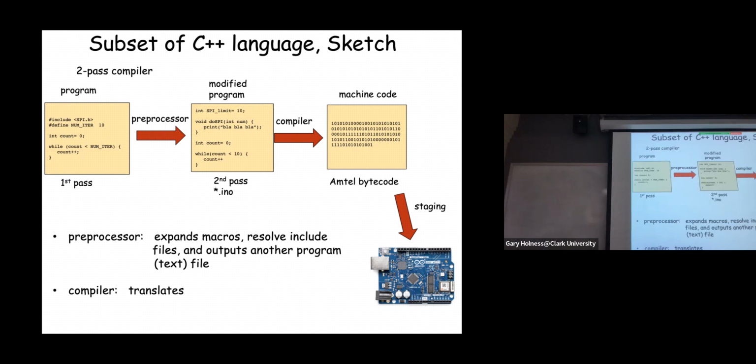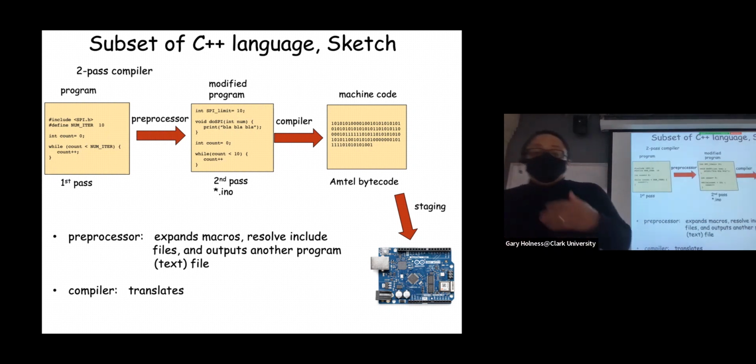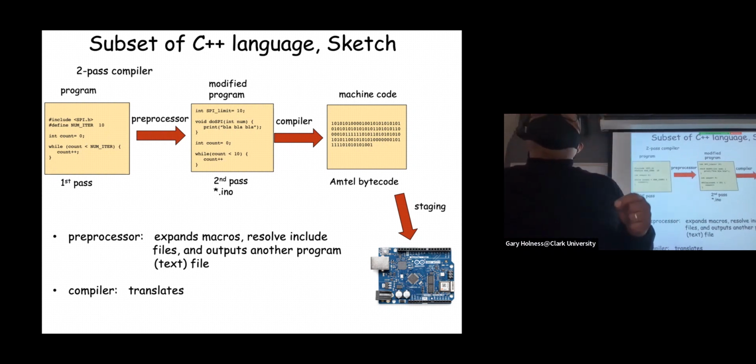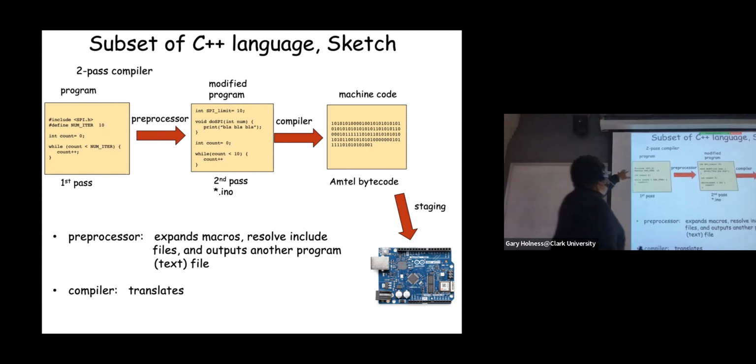Everywhere you see, in this case, NUM_ITER, and my style is to make it in all caps. The reason why I make it in all caps is so that you say, aha, there's something special about this. This is something that someone else has added through this preprocessor macro construct. And so everywhere you see NUM_ITER for number of iterations, it's going to replace that with that other piece of text, 10.